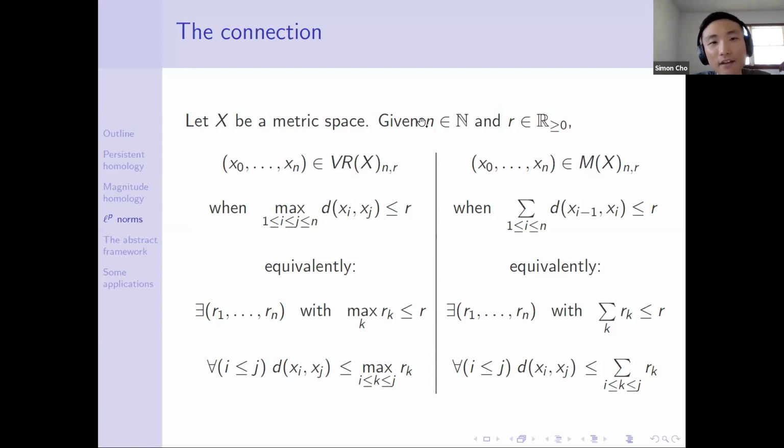So on the left-hand side, this condition actually turns out to be equivalent to this, and this equivalence is just by nature of what taking the maximum does. You just take all of these to be the same, just take these to be R. I think it's clear that the bottom is a priori stronger than the top, but the top also implies this. The harder direction is implied by the nature of what taking the max is.